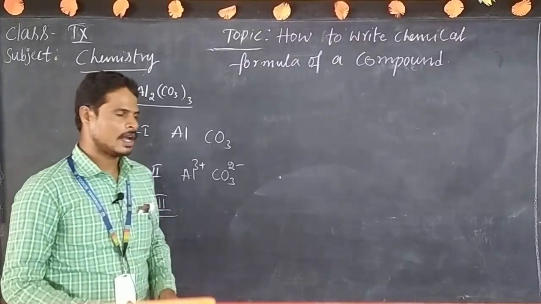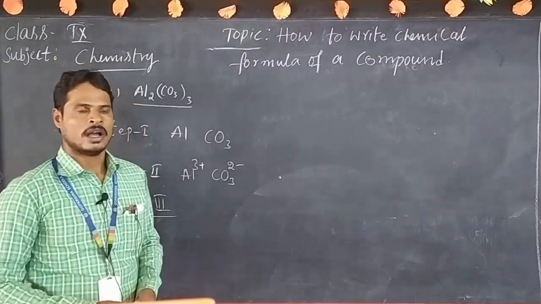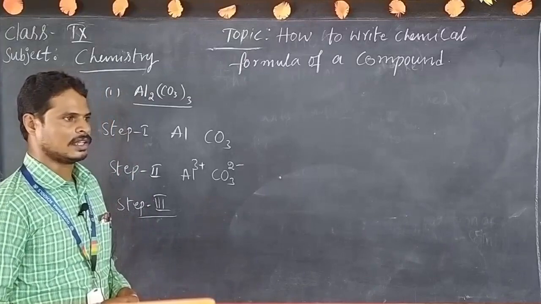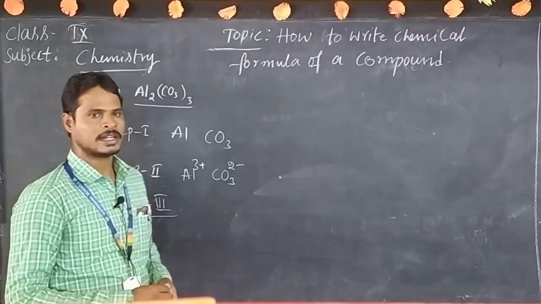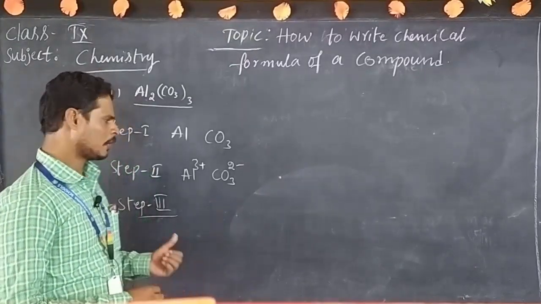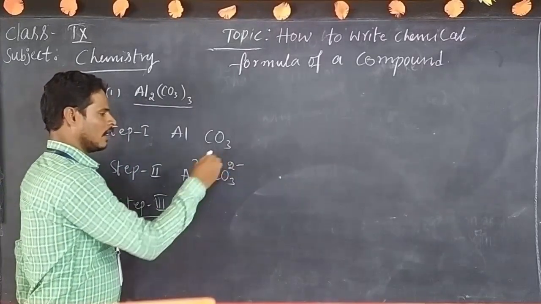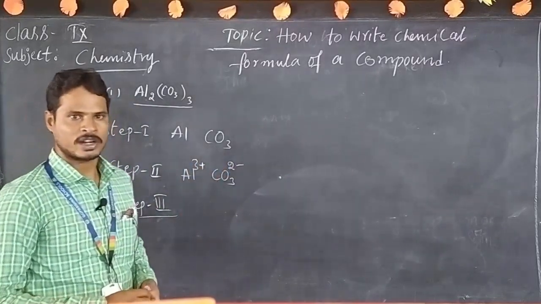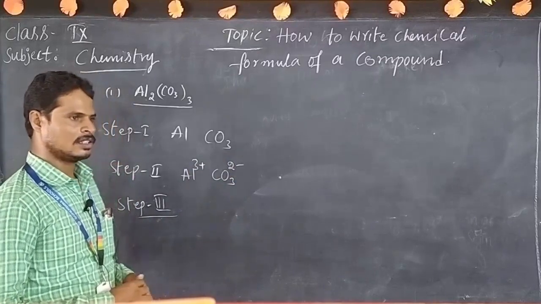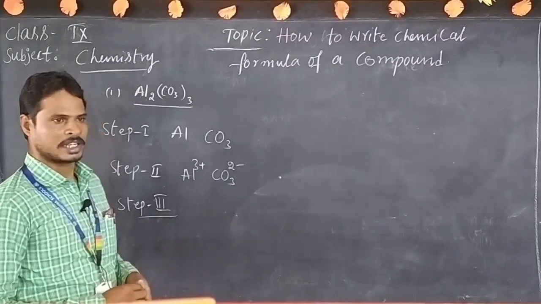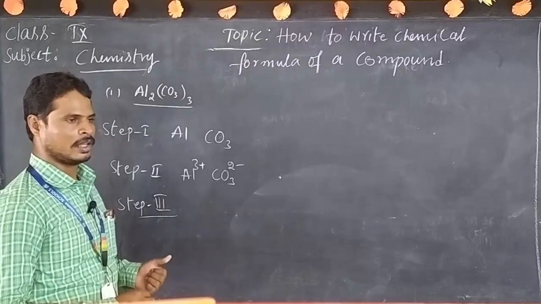Next, step 3. If cation and anion have the same valency, they directly cancel and we get the formula. But here what happens? Both cation and anion have different valency. So step 3 is ignored. Then go to the fourth step.